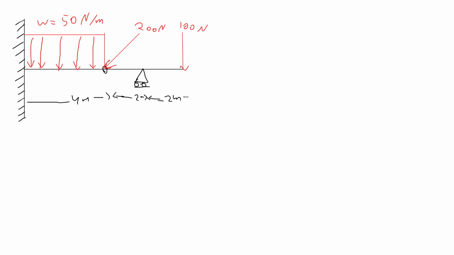So we'll go with the same example, but here we have a joint in the middle. So this is 1 and this is 1.